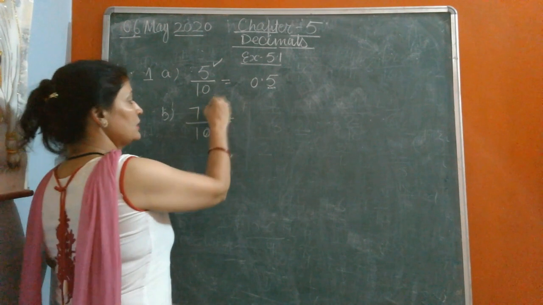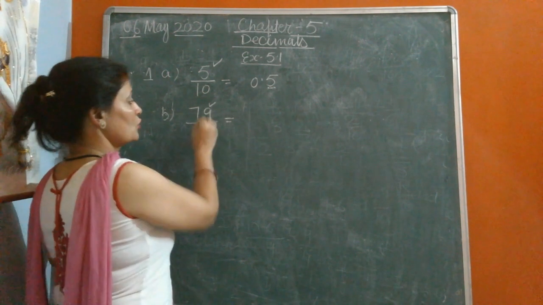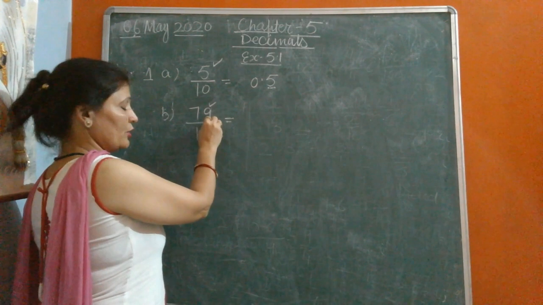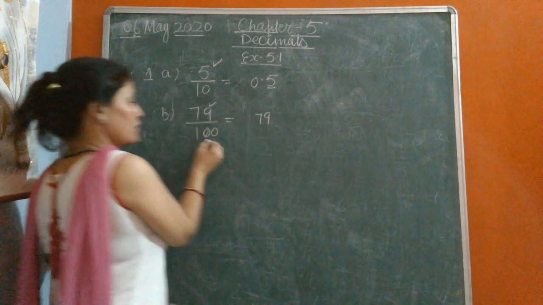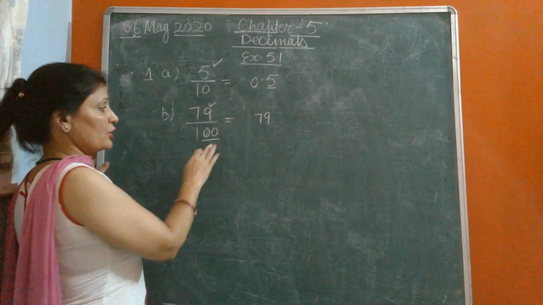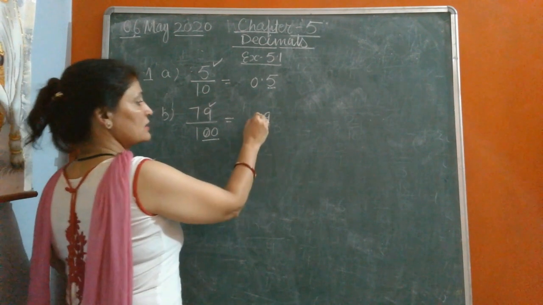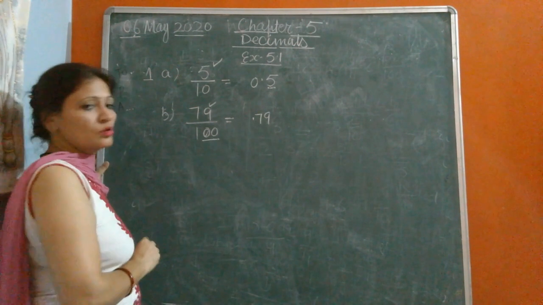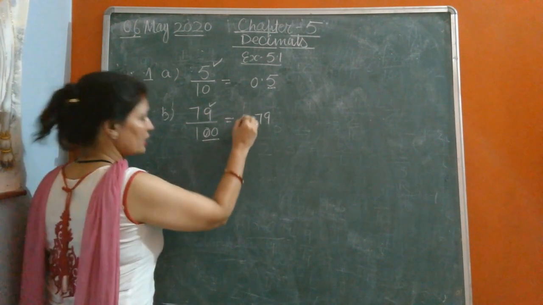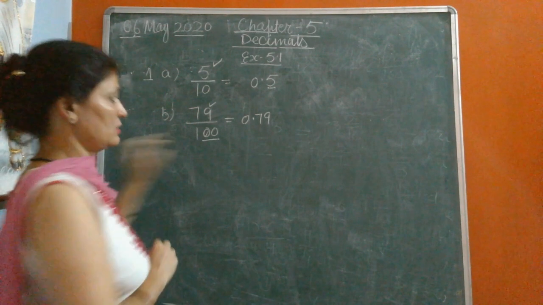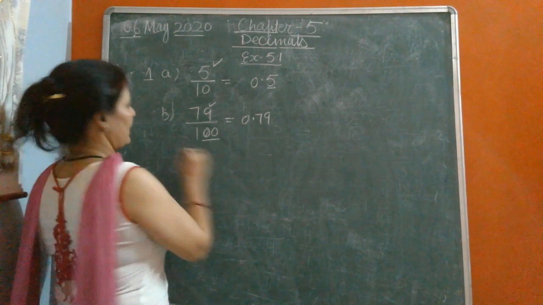Now count the numerator digits. There are two numbers in the numerator, 9 and 7. So there are 2 zeros in the denominator and we will put the decimal from the right hand side after two digits. Now we will put 0 on the left. This number is 0.79.